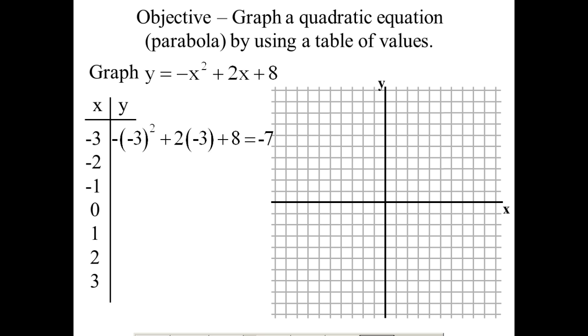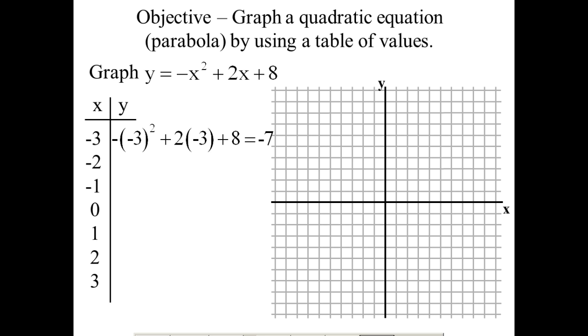So that negative in front makes a difference. So watch closely. This right here is the same as multiplying by -1. The negative in front is like multiplying by -1.